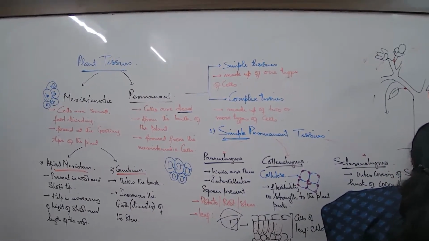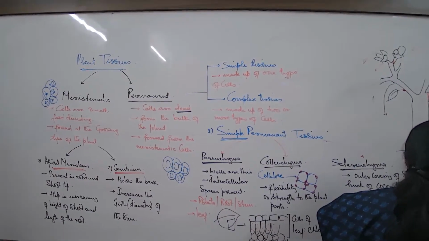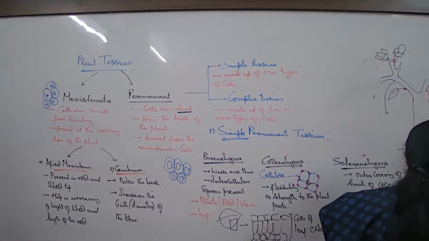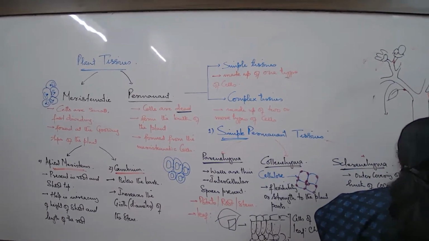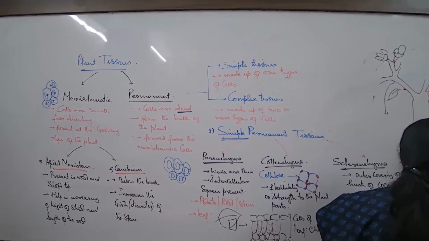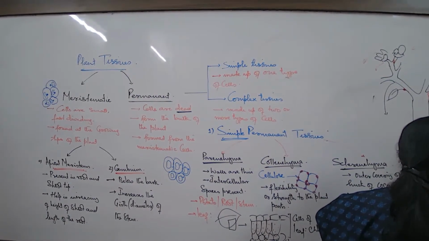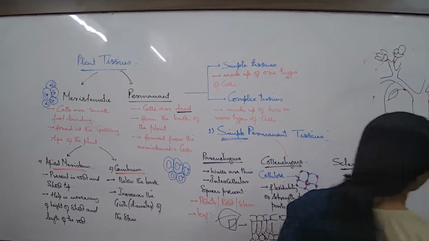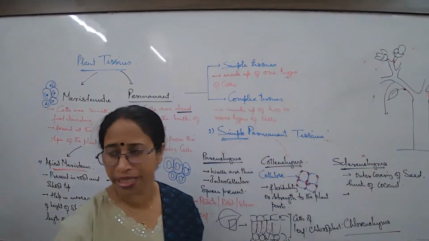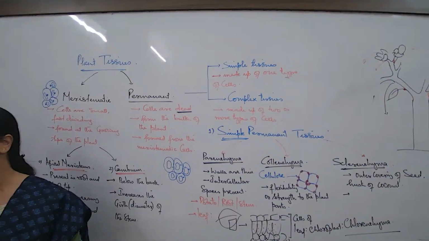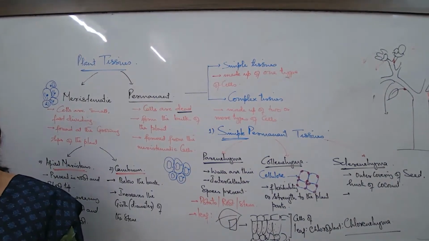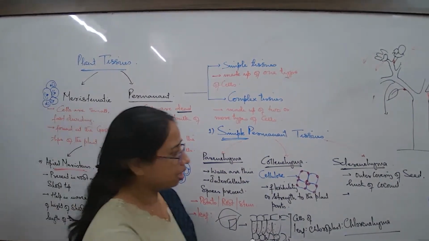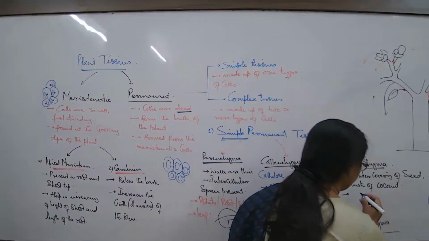And these cells are thick, so thick. They have got small, small openings like this. So check the figure for the sclerenchyma. How the cells are thick? The cells are evenly thick.